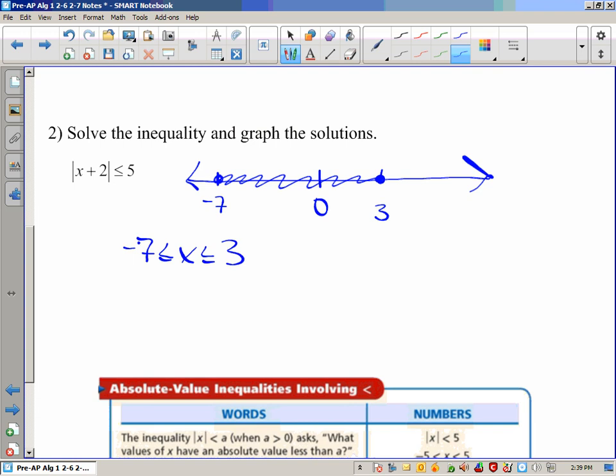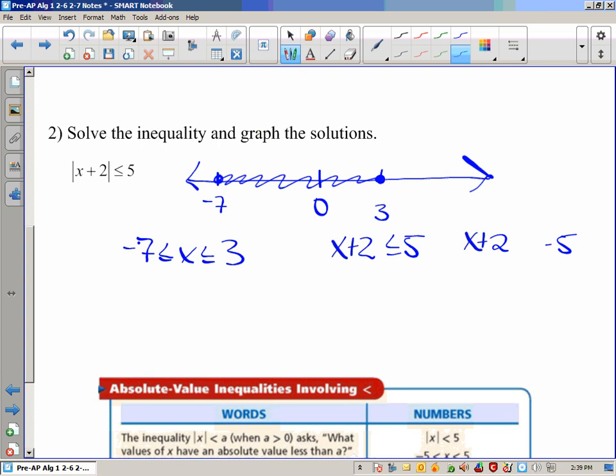Now here is another way that you could write this. If you think about the two cases of absolute value, we can set it up: x plus 2 less than or equal to 5 without the absolute value, and x plus 2 and then negative 5. Do you remember when we did this with our equations?